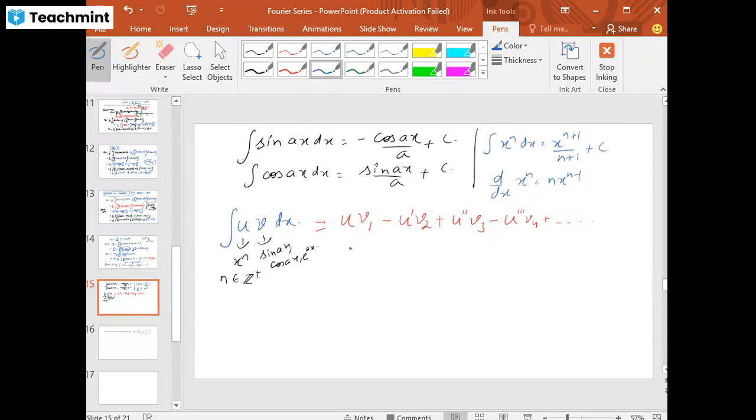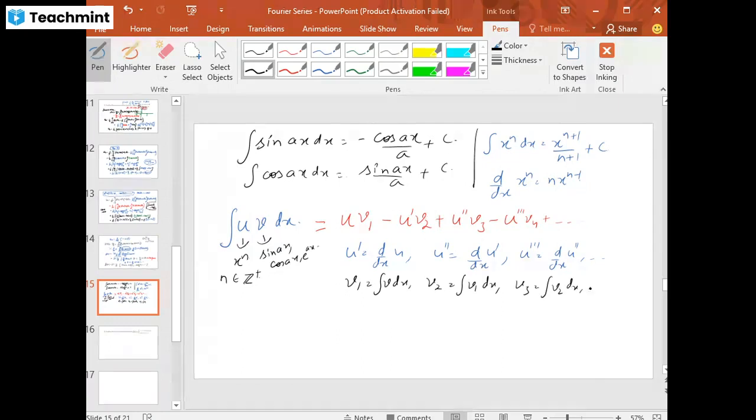What is the meaning here? Here u dash is the derivative of u, u double dash is the derivative of u dash, and u triple dash is the derivative of u double dash, and so on. And v1 is the integral of v, v2 is the integral of v1, v3 is the integral of v2, and so on.